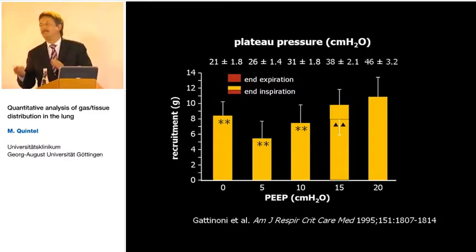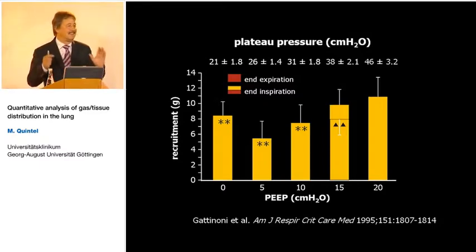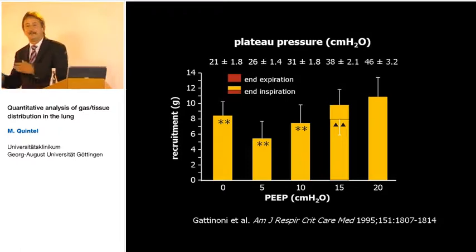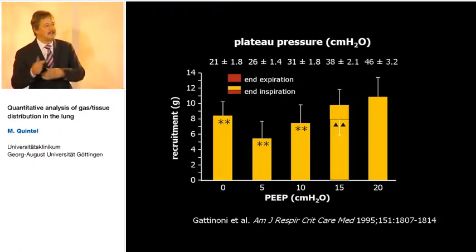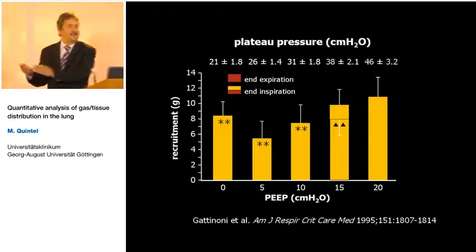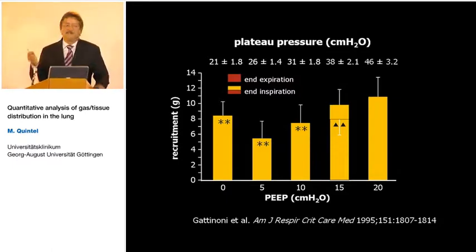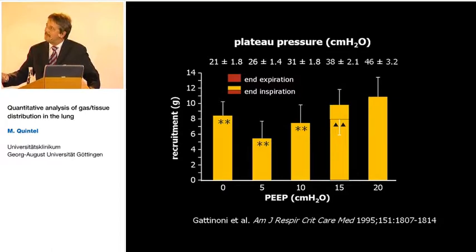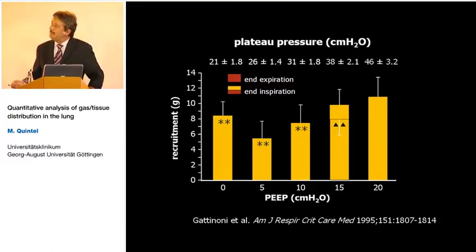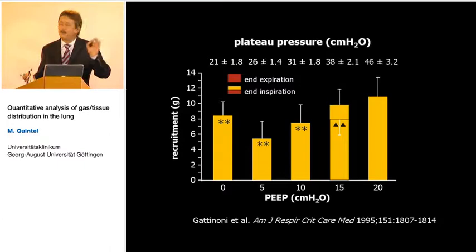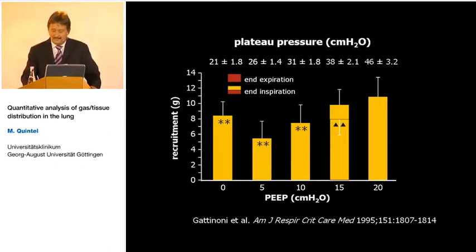So this is very old. No, it's not very old, but it goes back to 1995, because if you read your own publications, you always realize that you are getting older and older. So it's very young work of Luciano Gattinoni from 1995. What he was looking for was, while using a given plateau pressure, how much PEEP is necessary to keep the changes, expressed as recruited grams of lung volume, open at expiration.